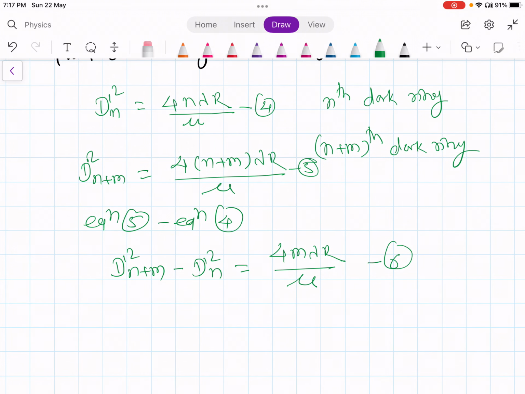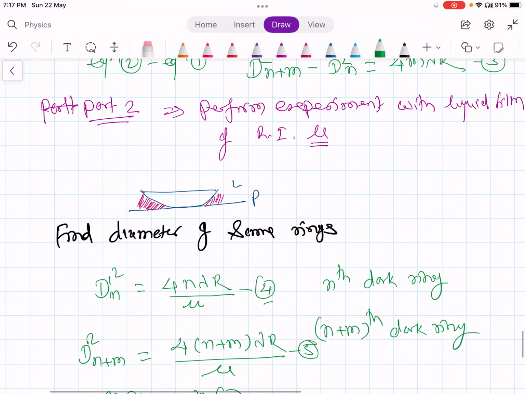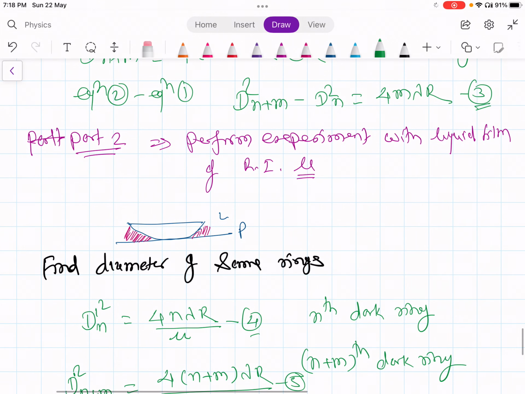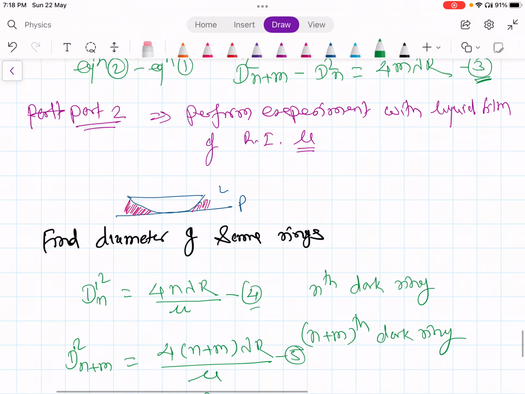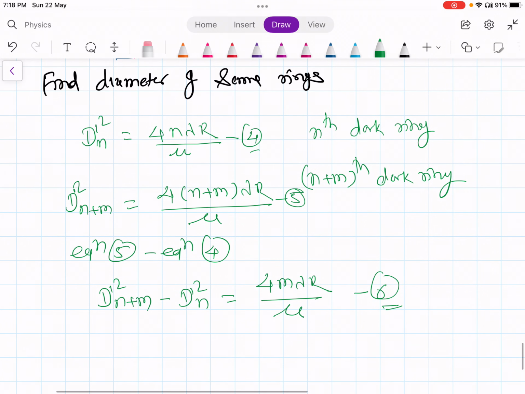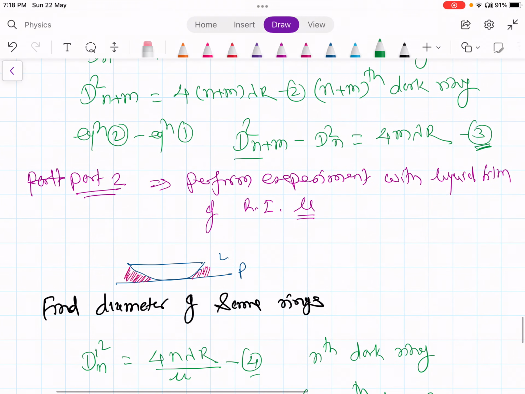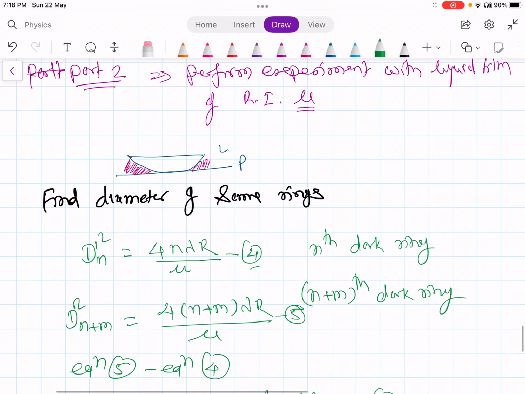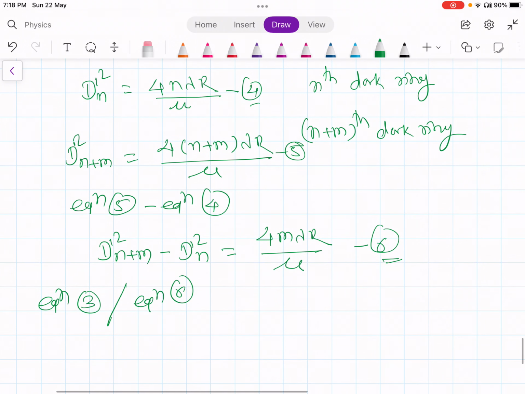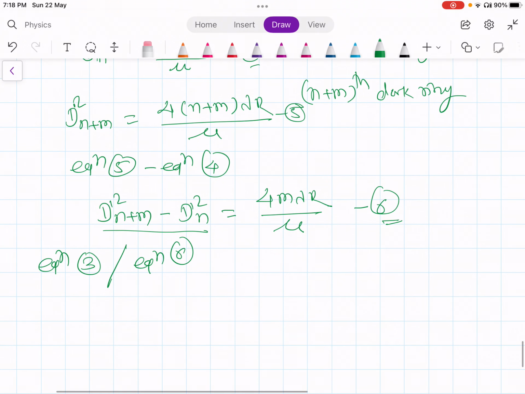Then what we'll do is, we have equation 3 here. So equation 3 divided by equation 6. The LHS of equation 3 is this, and the LHS of equation 6 is this.